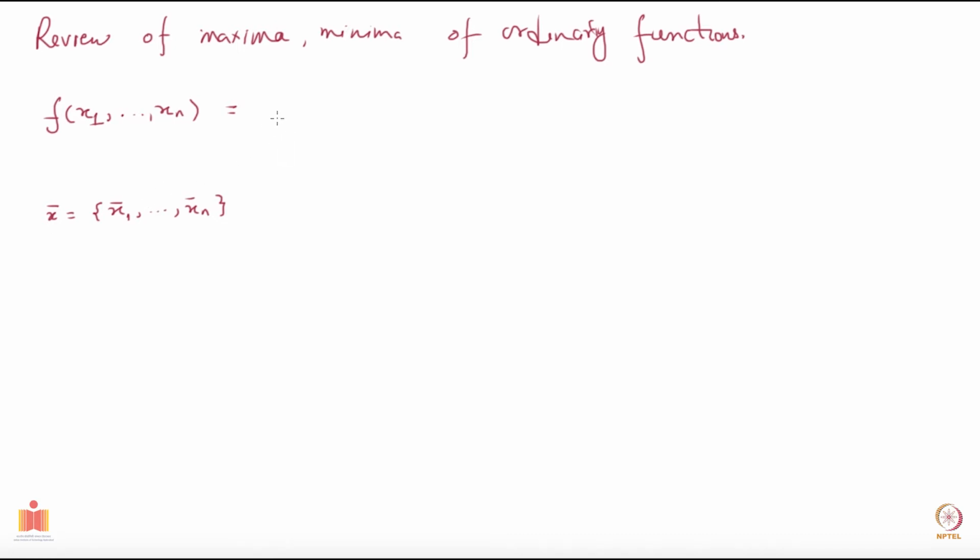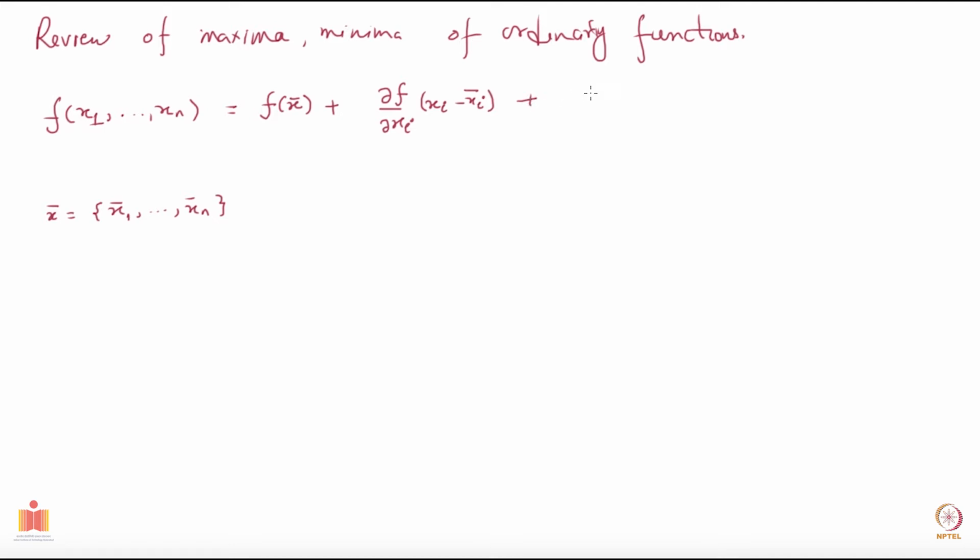Now you know that I can expand it around x bar as follows. So I get f of x bar, then I have terms with the first derivative, del f over del xi, times xi minus xi bar, where you have a summation over i implied by the repeated indices.